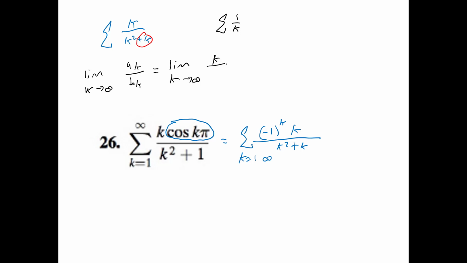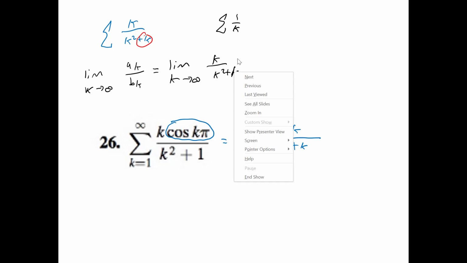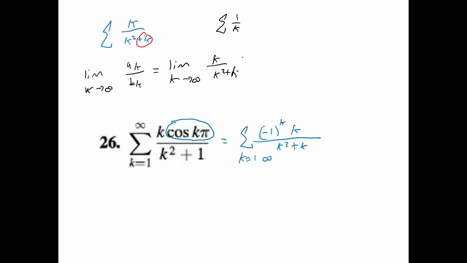So k over k squared plus k times the reciprocal, which would be k over 1, which then becomes the limit as k goes off to infinity of k squared over k squared plus k, which is then equal to 1, same degree in the numerator and denominator, so your limit is 1. Therefore, both diverge.